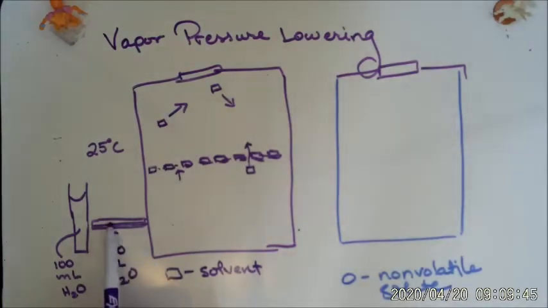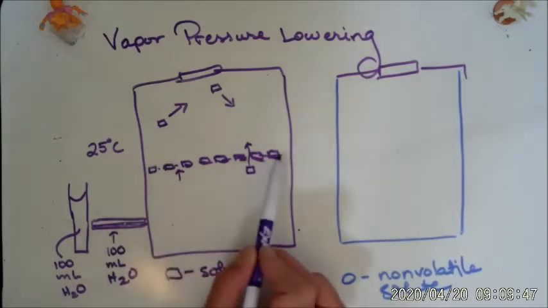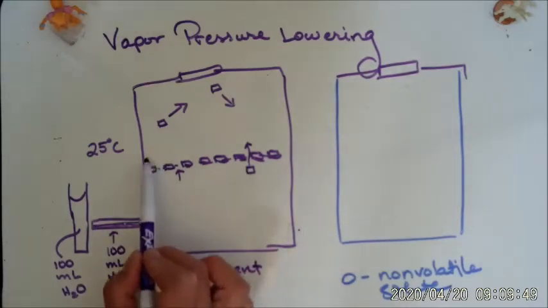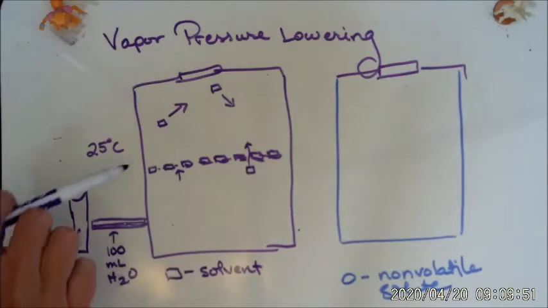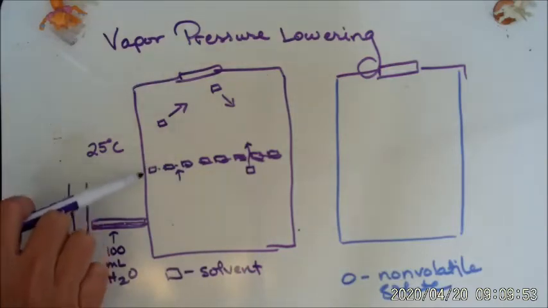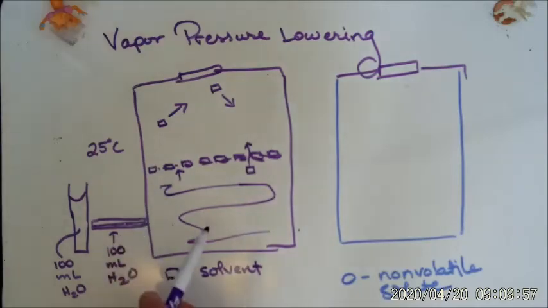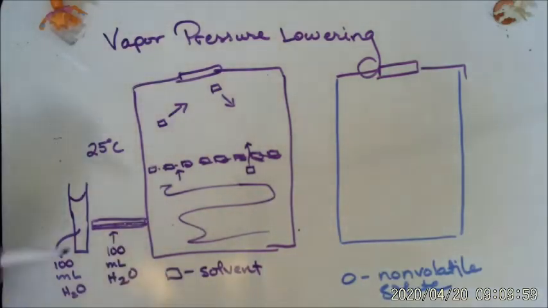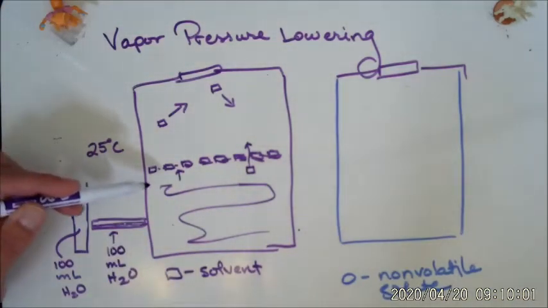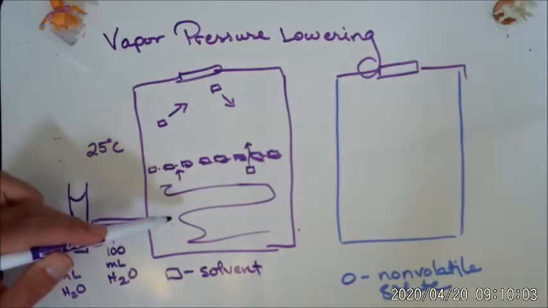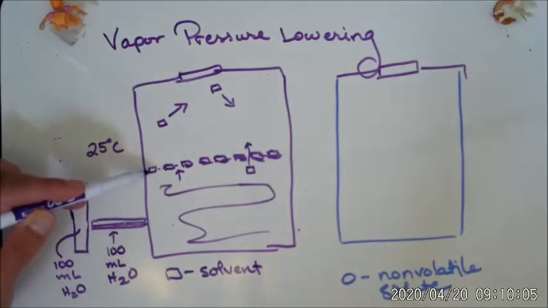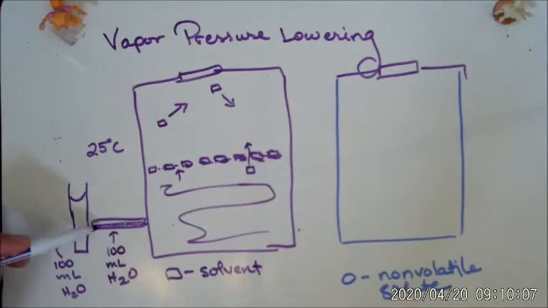So I have more molecules at the surface. Remember, because of surface tension, I don't have cohesive forces up here. I only have cohesive forces down here in my solvent. This has fewer attractions than down here, so it's easier to break the surface tension. If I have a huge surface area, then I have more opportunities for my solvent to go into the gas state.